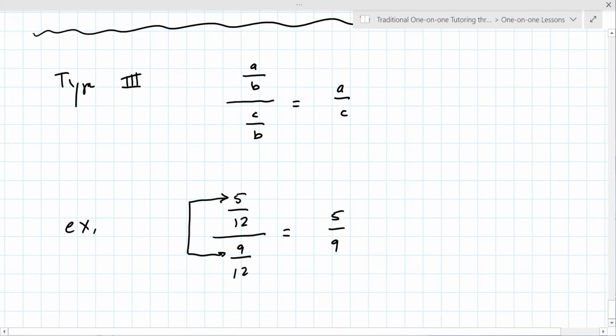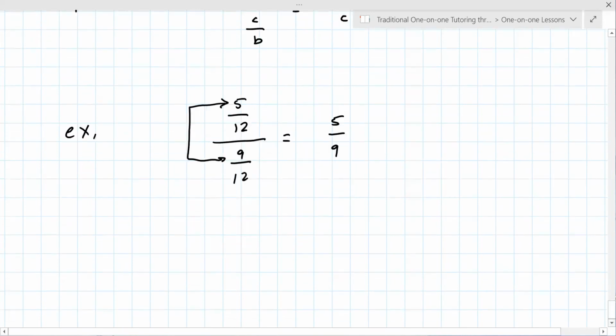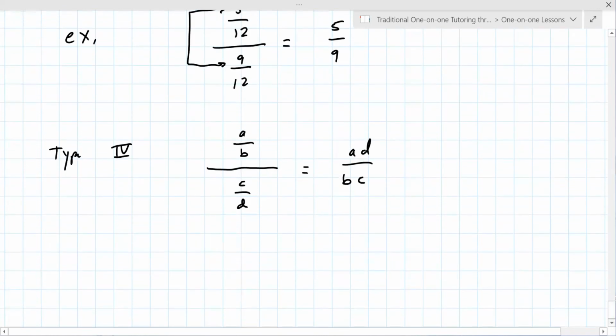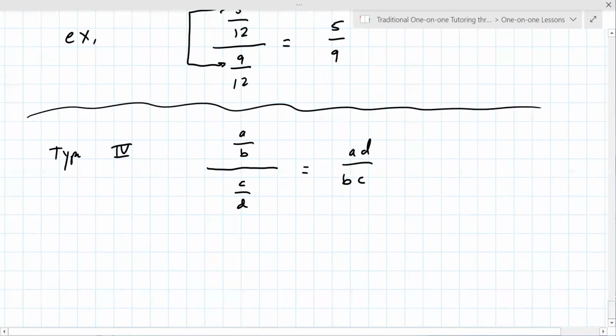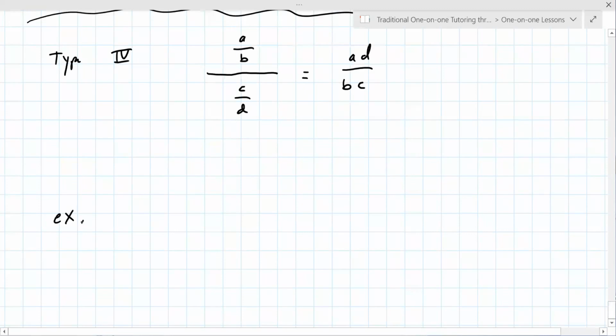Okay. And then the generalized one is type 4. It's the generalized one of the previous one. It's A over B over C over D, and this becomes AD over BC. This is the one you're going to see most often in some capacity. Like somehow a problem will turn into 5 over negative 9 divided by 3 over negative 10.